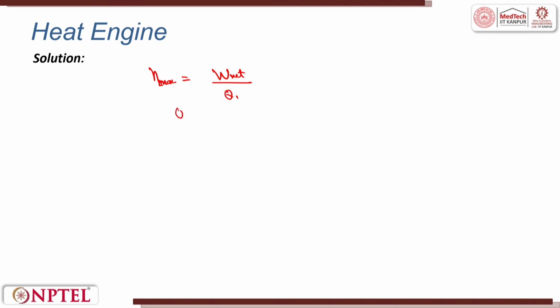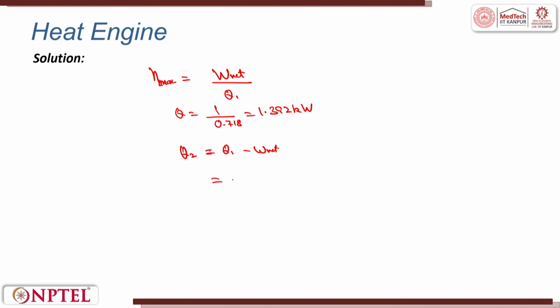This means Q1 is equal to 1 by the maximum efficiency that we calculated, 0.718. This is equal to 1.392 kilowatts. Now Q2 is equal to Q1 minus W net.